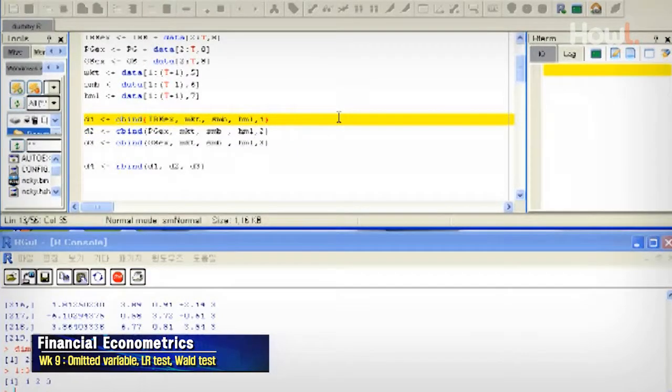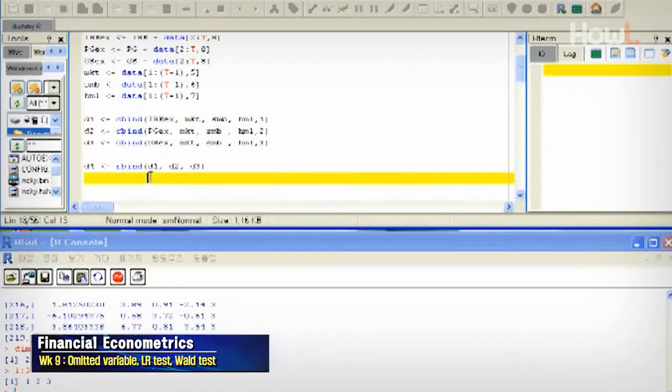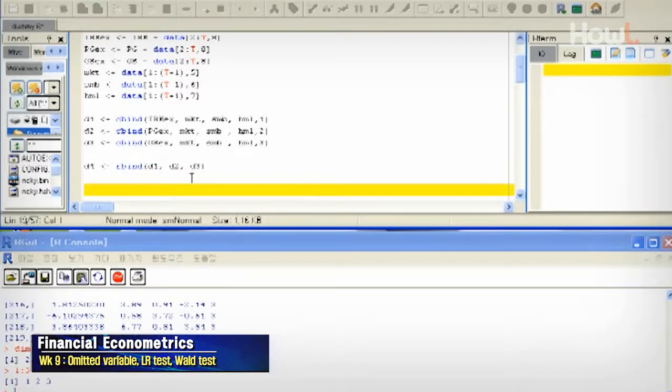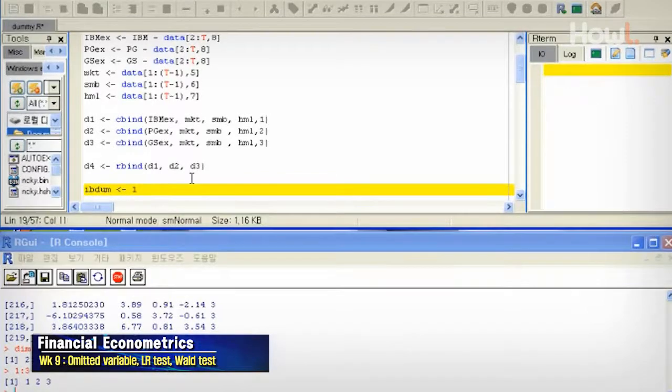So how to create a dummy, okay? IB is 1, 2, dimension of D4, 1.